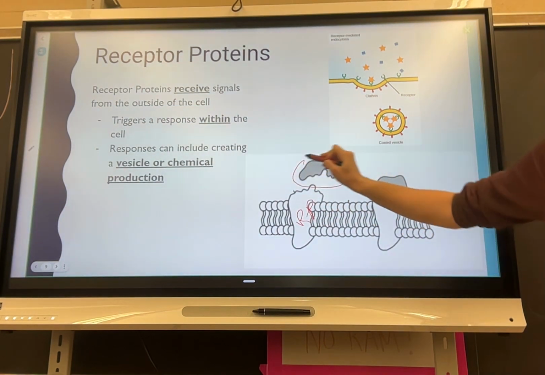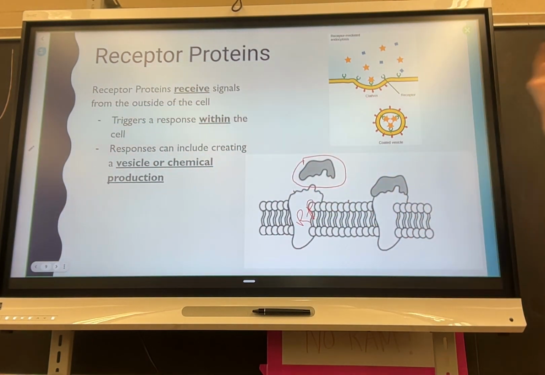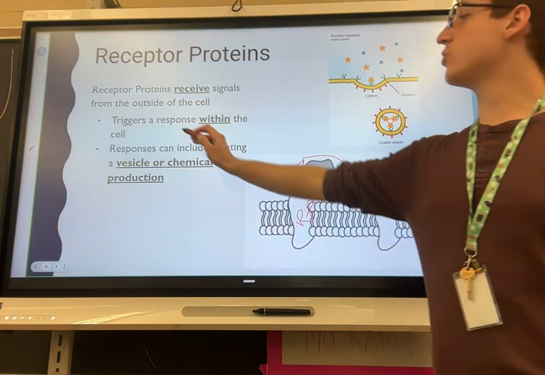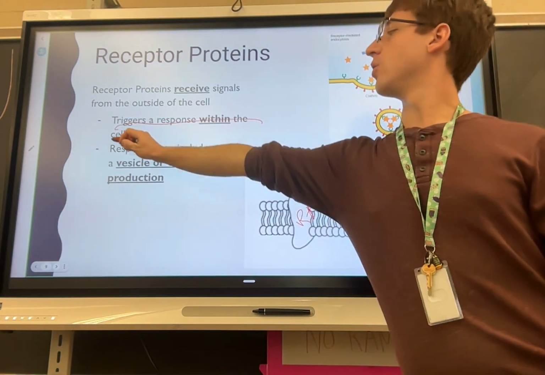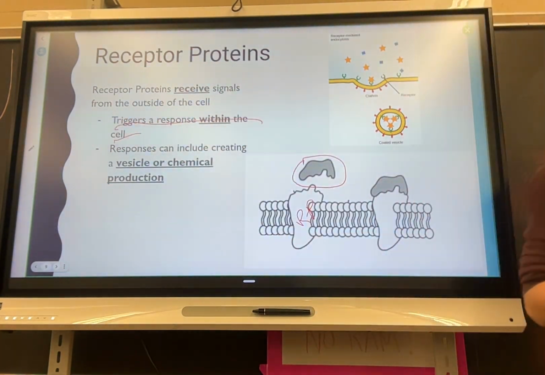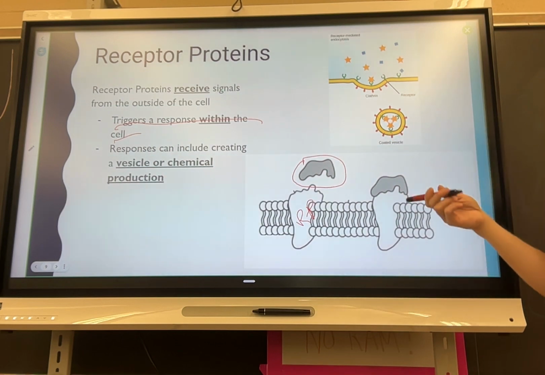It's going to bind to this molecule, whether it's a protein, a carbohydrate, or some sort of signal molecule. And it's going to trigger a response within the cell. That could be creating a vesicle, creating hormones, creating proteins, creating a whole bunch of materials that get shuttled out of the cell. These receptor proteins are going to be important for that.